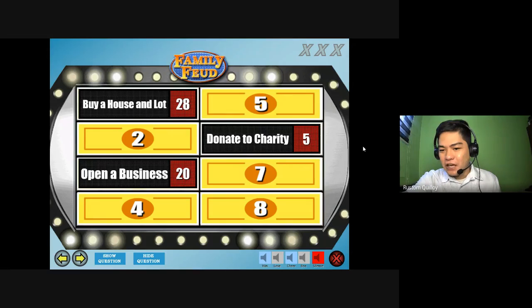How about you, Jessa? Anong gagawin mo kapag nanalo ka ng jackpot prize sa loto? Jessa? Jessa, andiyan ka ba? Ikaw na lang, Neri. Anong gagawin mo kapag nanalo ka ng jackpot prize sa loto?